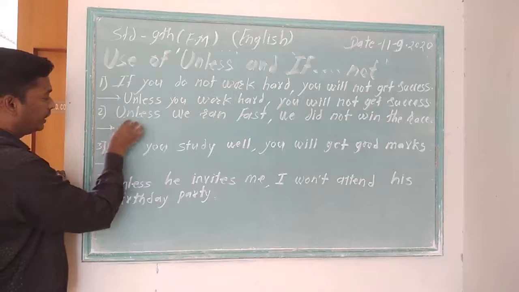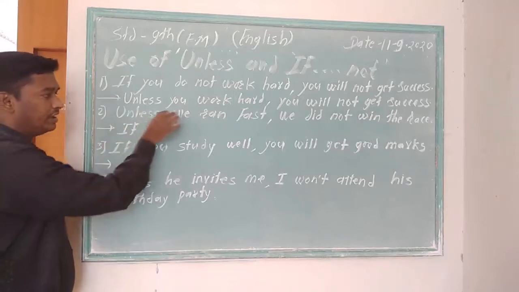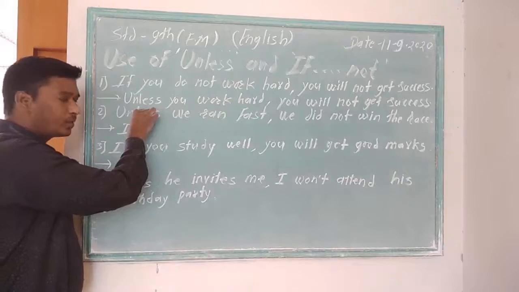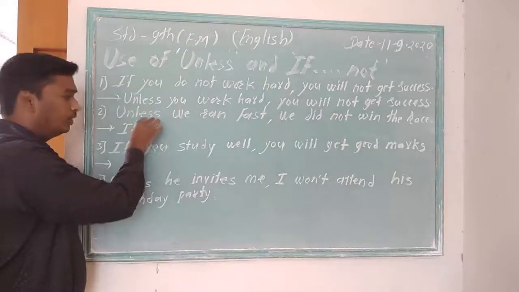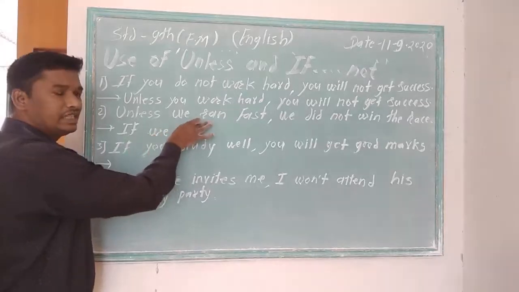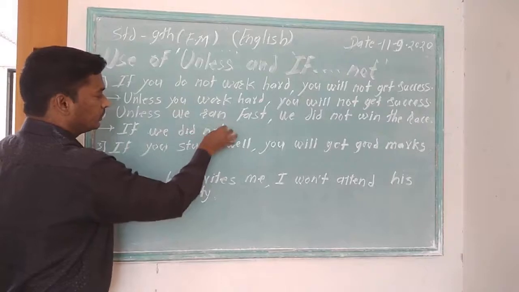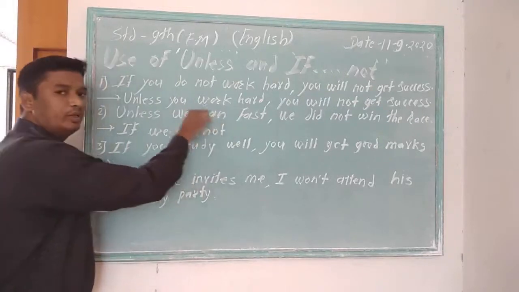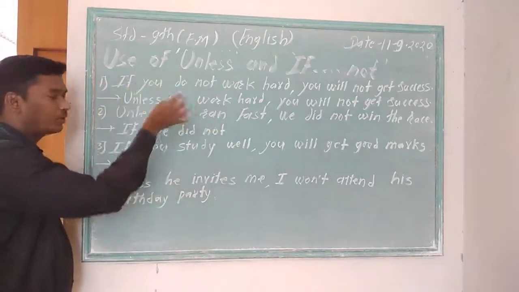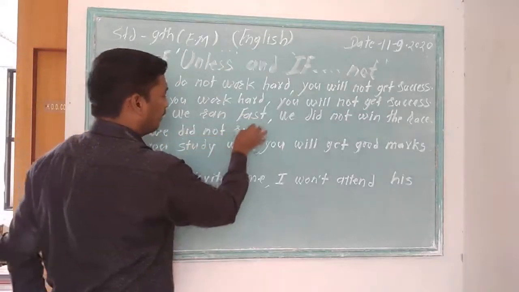Replace unless with if. Unless is a negative word, so make this clause negative. It is in simple past, so take did with not. There is no auxiliary verb, but the tense is simple past, so take did not.